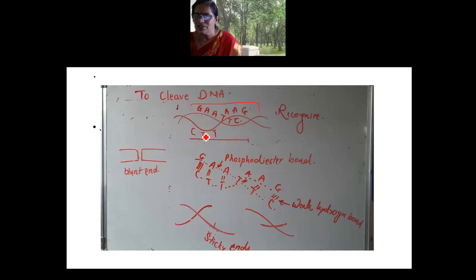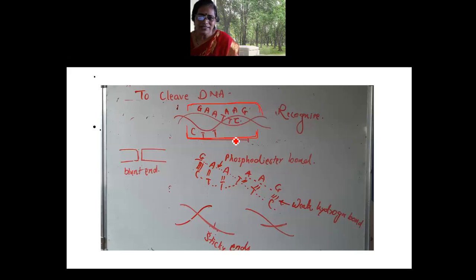This is the recognition site, which is recognized by the endonuclease enzyme. We have to cut here, on that particular site. In another sequence, the enzymes are not allowed to cut the DNA. This is the only site where the endonuclease enzyme is applied and cuts the DNA.